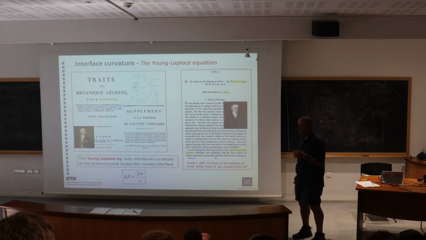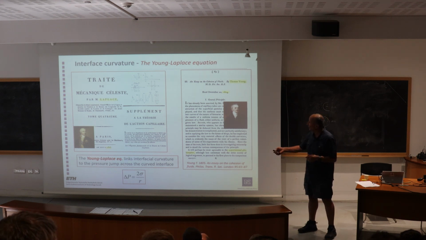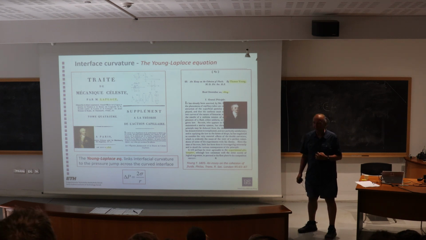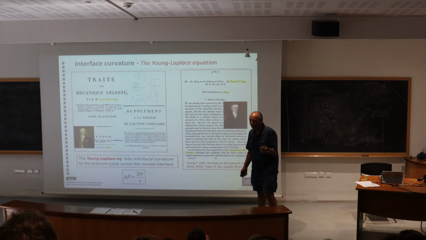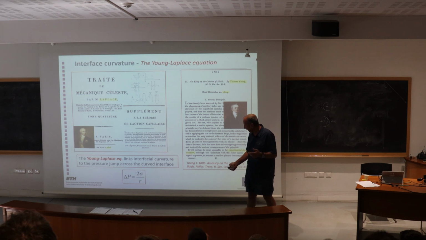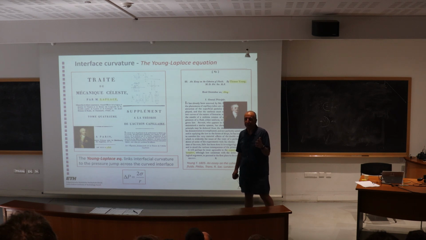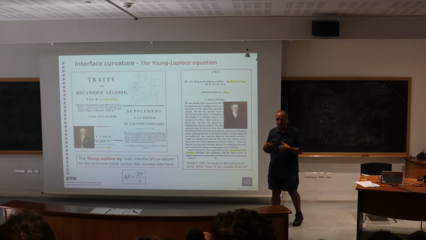Laplace, Pierre-Simon Marquis de Laplace, at the same time, as a footnote of his Celestial Mechanics book number 10, I think, wrote a footnote about this relationship between pressure jump and curvature. Many historians, especially mathematicians, because I read a few papers on those, think that Laplace's definitions were much more rigorous.